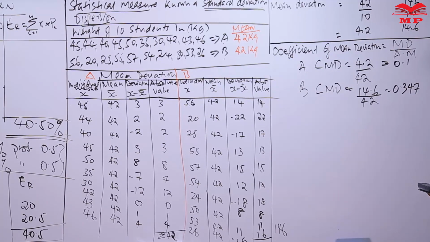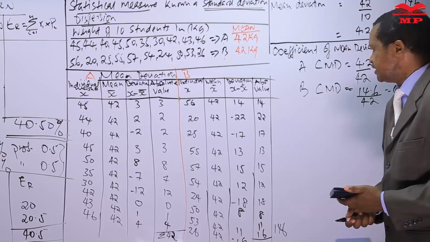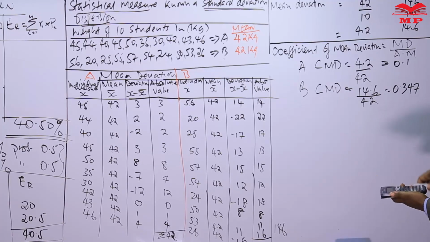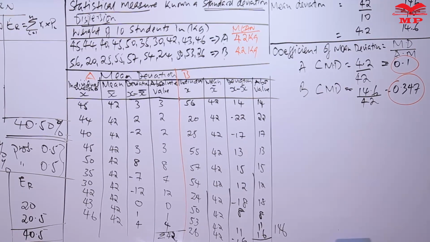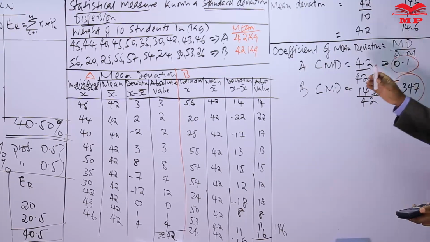So a higher value of the coefficient of mean deviation indicates that the individual weights are widely dispersed away from the arithmetic mean. If you are comparing these two, then class B is higher, meaning the individual weights are widely dispersed away from the arithmetic mean.